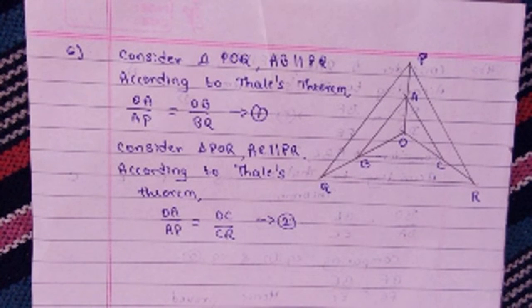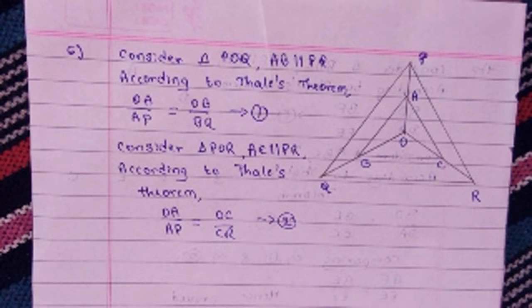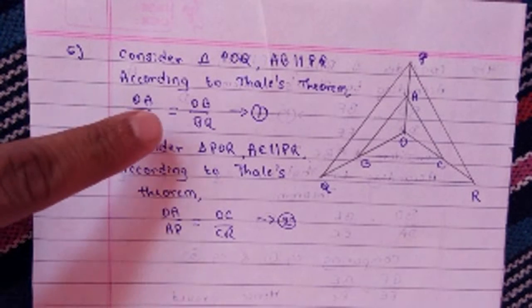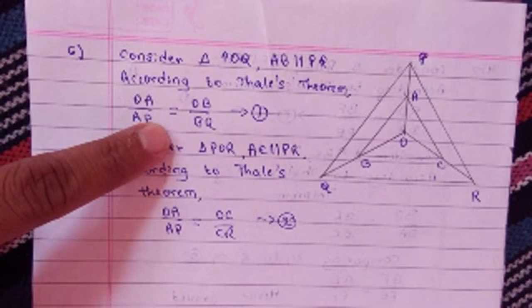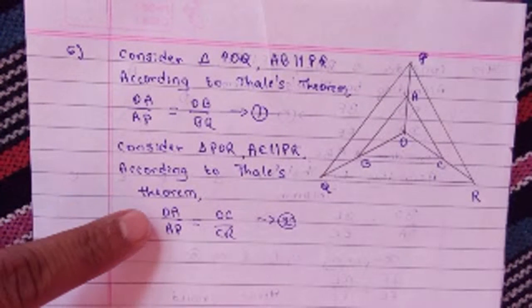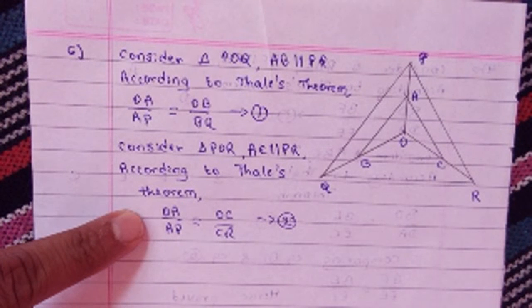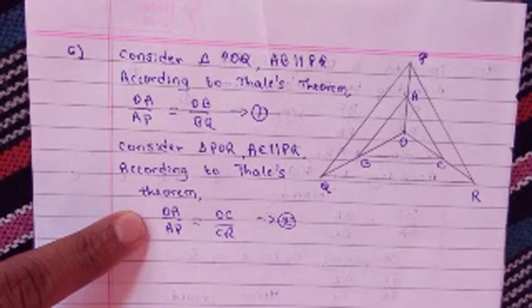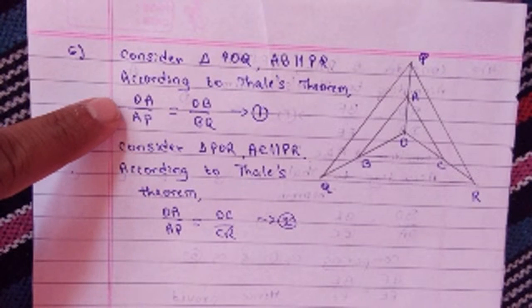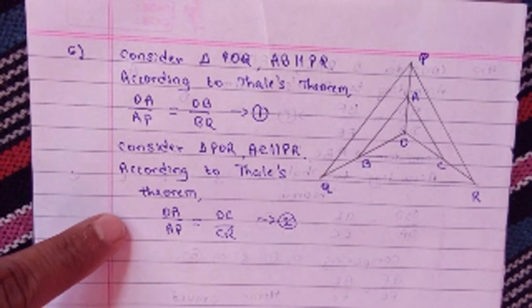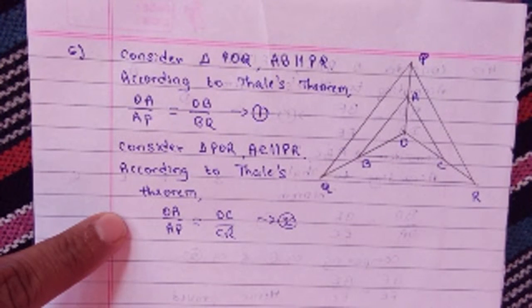Considering the left hand side triangle POQ, we got OA divided by AP equals OB divided by BQ, and for the right hand side triangle POR, we got OA divided by AP equals OC divided by CR. See here, the left hand side of the first equation is the same as the left hand side of the second equation.